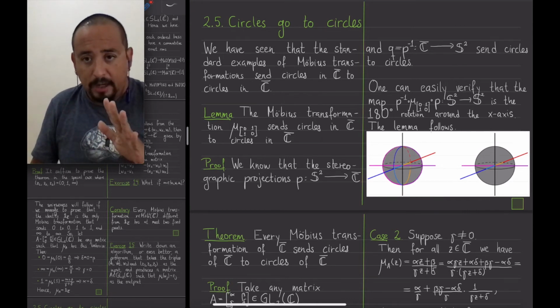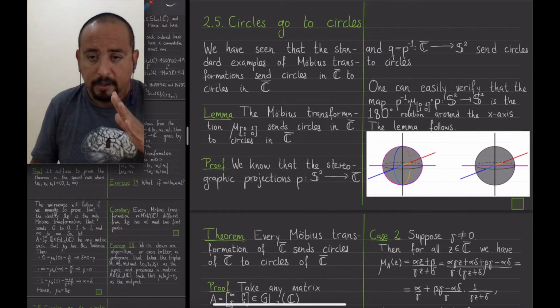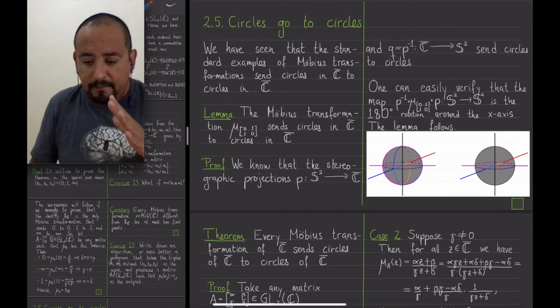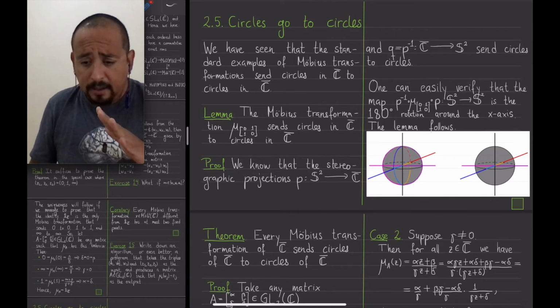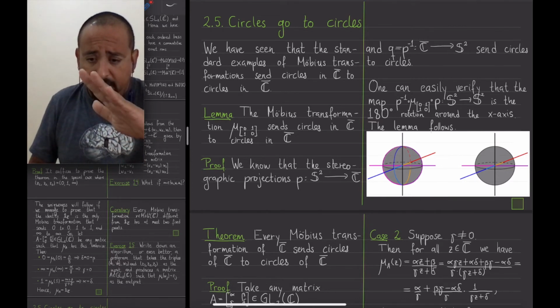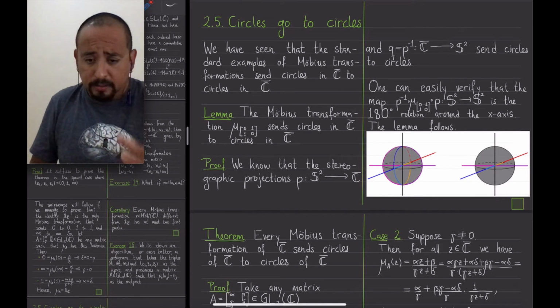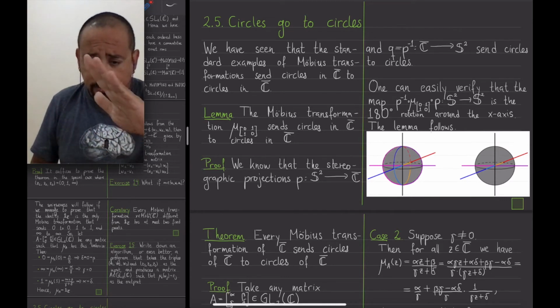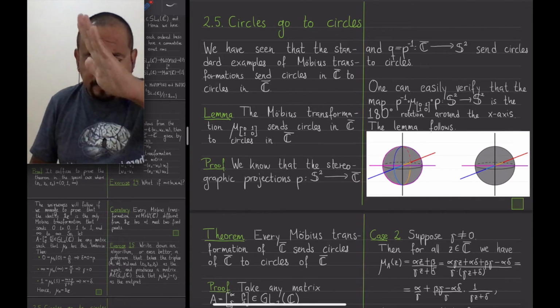And for them, the argument was geometric. It followed pretty much from the basic observation that if you have a plane in R3 that passes through the North Pole, then the stereographic projection related to the circle of intersection, it all happens inside that plane.